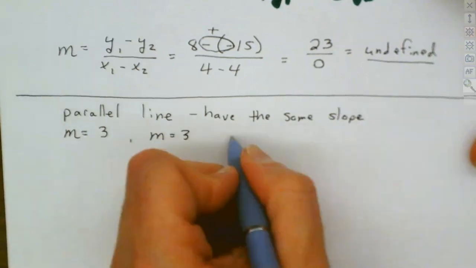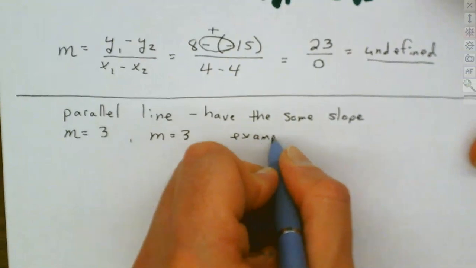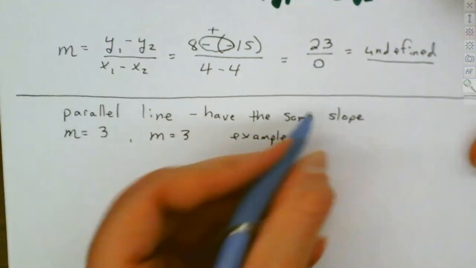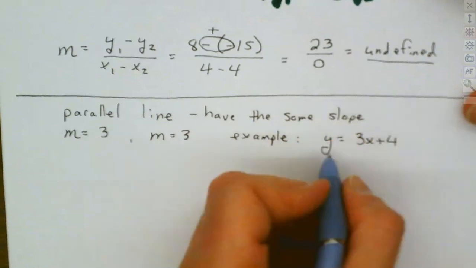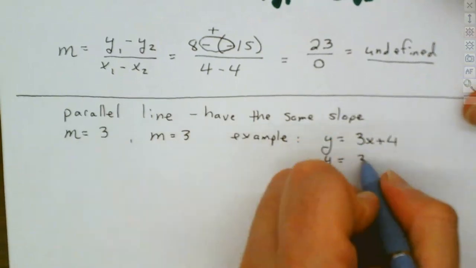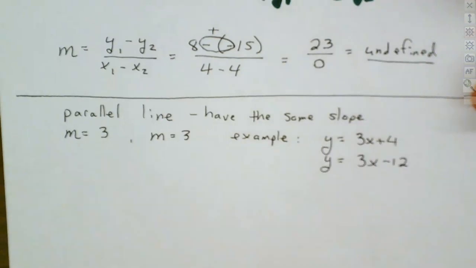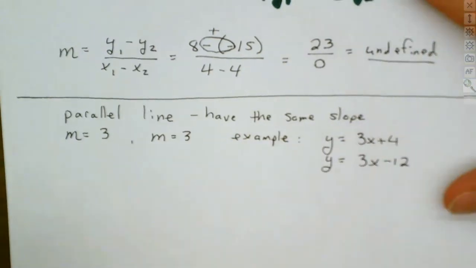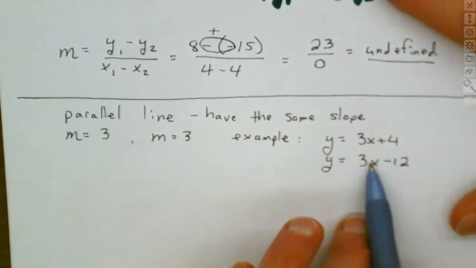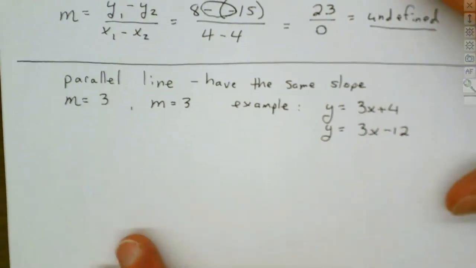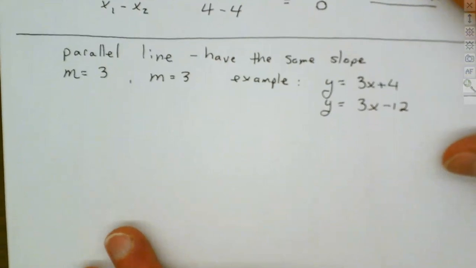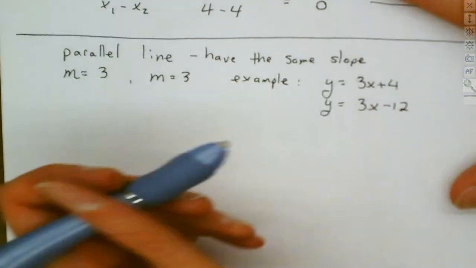An example would be y equals 3x plus 4 and y equals 3x minus 12. Okay, why would these lines be parallel? Both of these lines have a slope of what? 3. If the slopes are the same, then they are parallel. So these are clearly parallel lines.